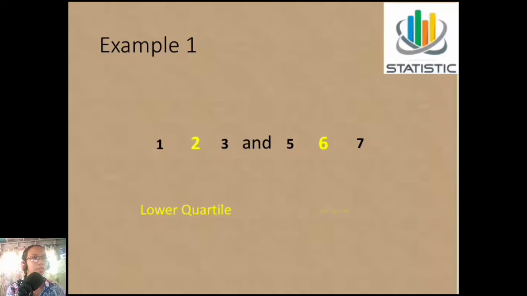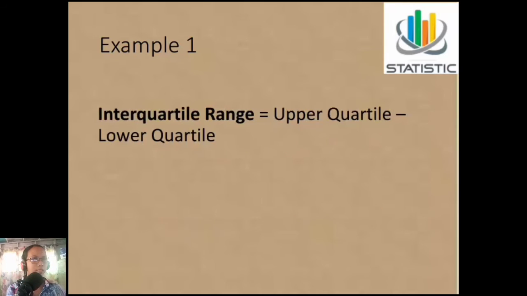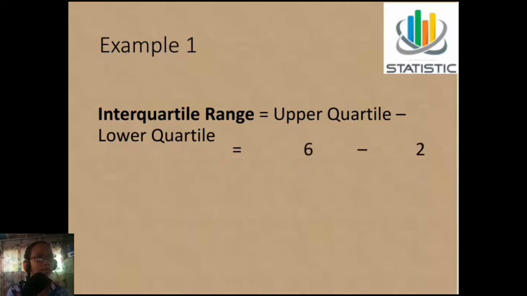The lower quartile is 2, and the upper quartile is 6. Interquartile range is equal to upper quartile minus lower quartile. 6 minus 2 equals 4. The 6 is the upper quartile and the 2 is the lower quartile.